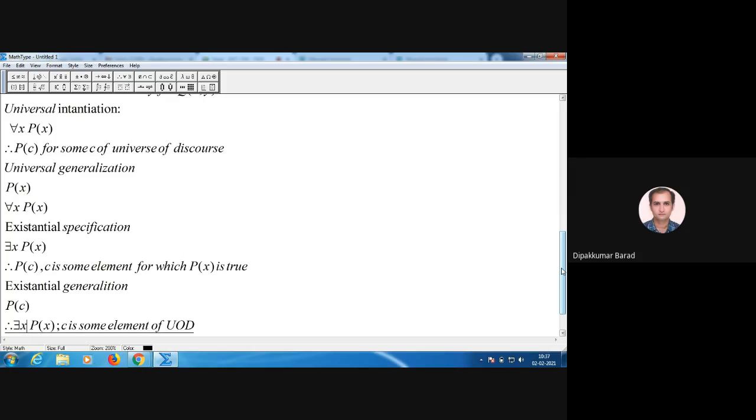As we know, P of X is true for every X, and therefore we get P of C is true for some C, which we call universal instantiation.